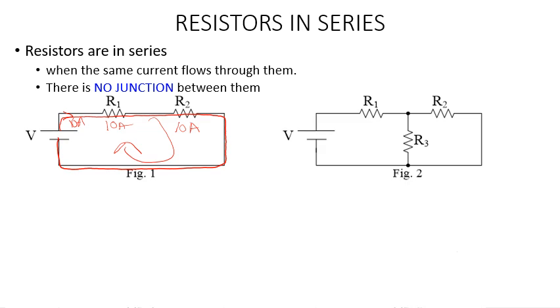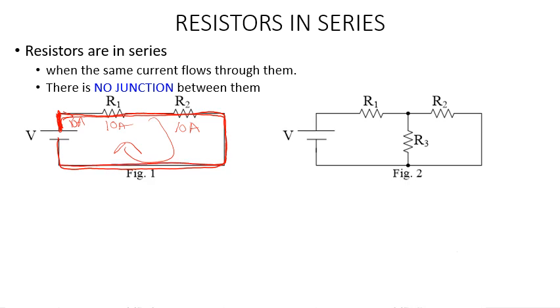Basically, this is what I also use, in layman's terms, to identify resistors in series. I always ask myself: if current starts to flow from here, when it gets here, is there any option for it to pass? No, there's no option. It has only one path to take, so they are in series.